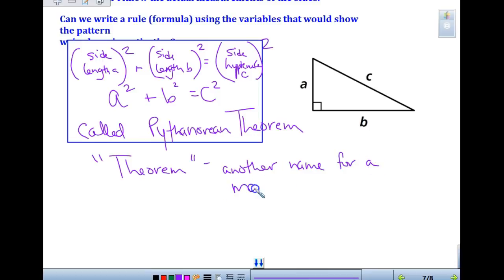So it is just another name for a mathematical rule. Anytime you see the word theorem, it has actually been proven that it works and that it stays as we are looking at that.